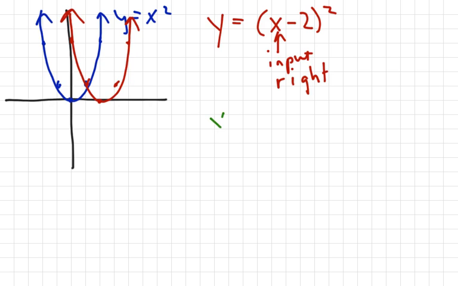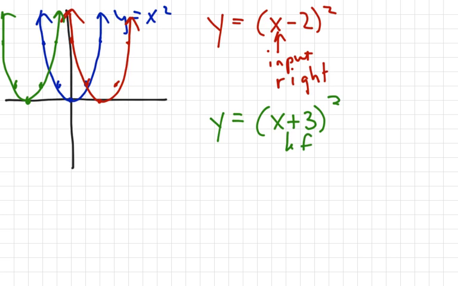And if I do y equals (x plus 3) in parentheses squared, the plus 3 in parentheses is going to add 3 to all the original inputs, the x values, before it squares it. If you do this one on your calculator, you'll find that it moves the graph 3 units to the left.